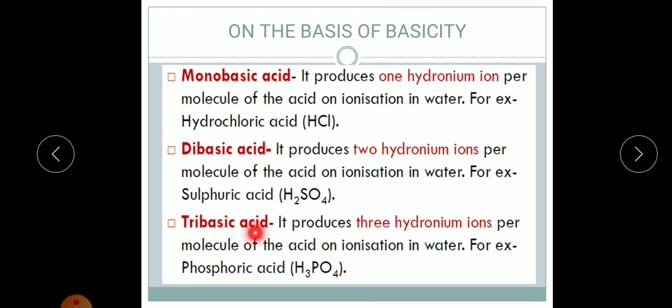A tribasic acid produces three hydronium ions per molecule, for example phosphoric acid. So it's very simple: monobasic is one hydronium ion, dibasic is two, and tribasic is three.